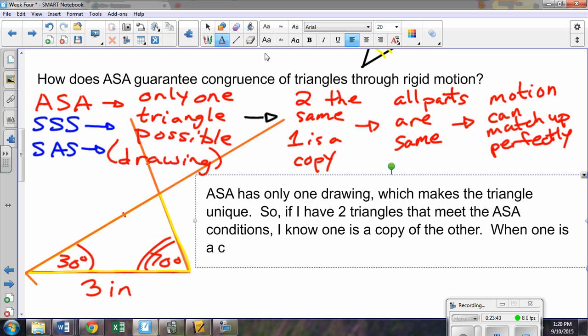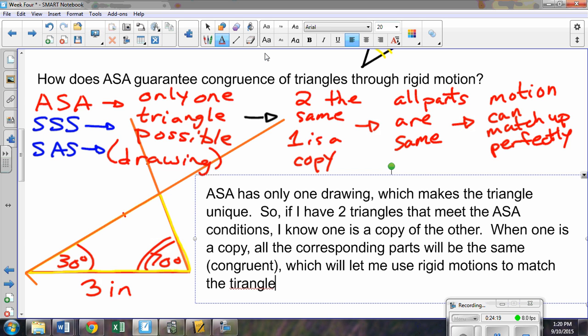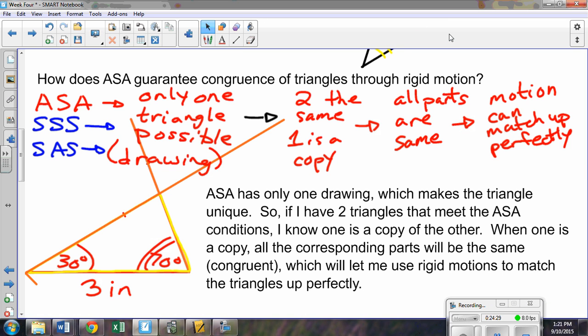When one is a copy, and so here's my answer typed up.